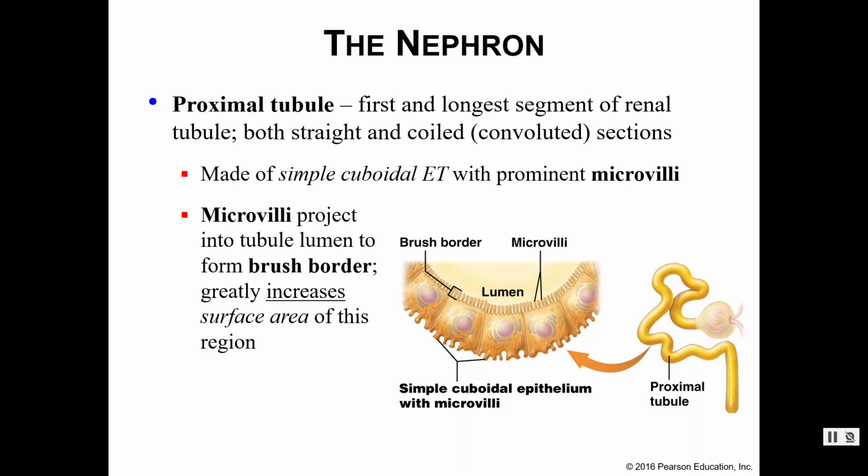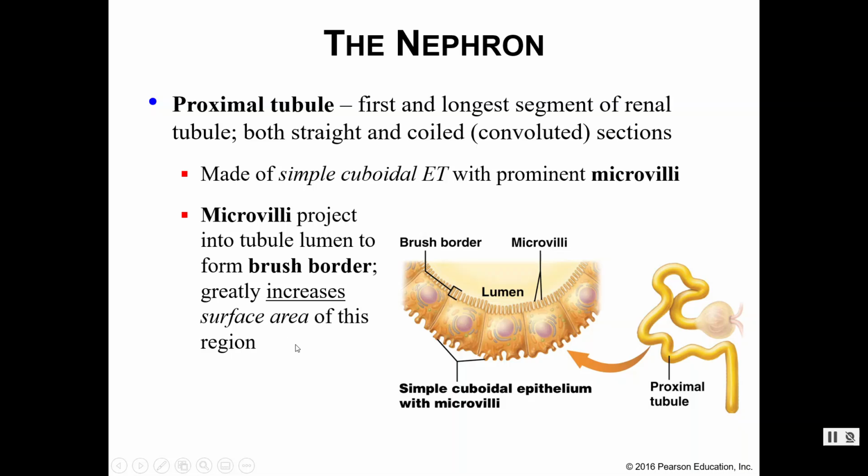So this section is the simple cuboidal epithelial tissue that we promised, and we've got a lot of microvilli. Ooh, now we've seen microvilli before in the digestive system. What was it used for in the digestive system? Oh, it was used to make a brush border to greatly increase surface area. Same exact purpose here, okay?